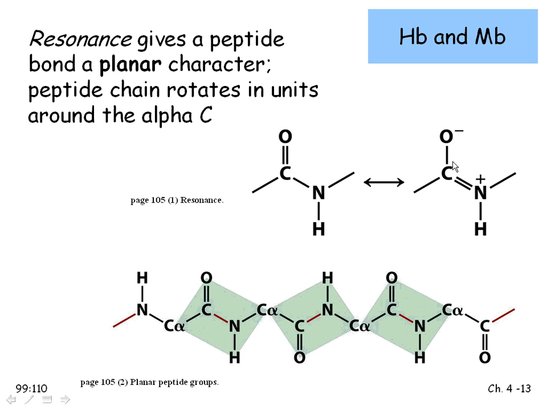So this is a slightly better representation of why the peptide bond has some planar character to it. If you're just drawing the peptide bond, you can draw it at least 2 ways. So here you have both bonds to the oxygen and simply one bond to the nitrogen. If you were to rearrange the electrons in this, you could have it looking something like that.